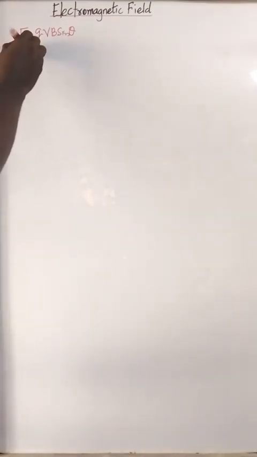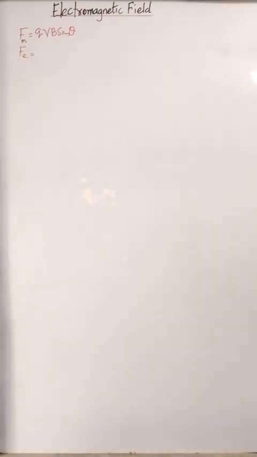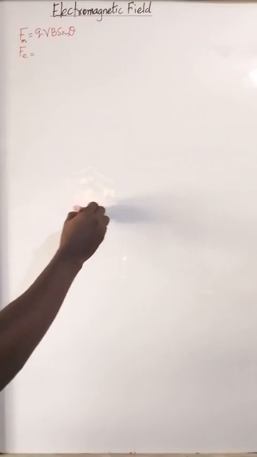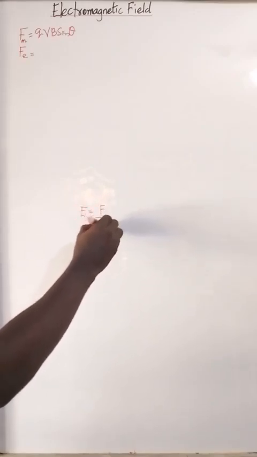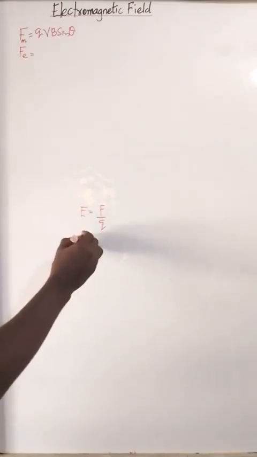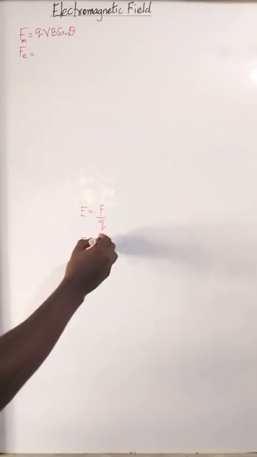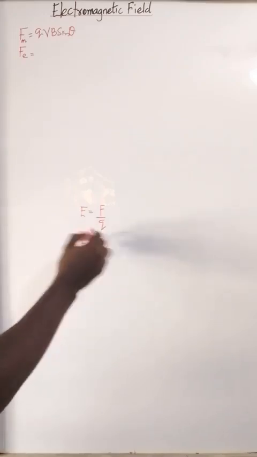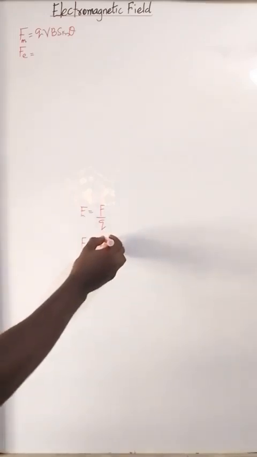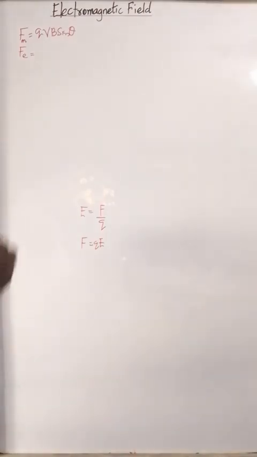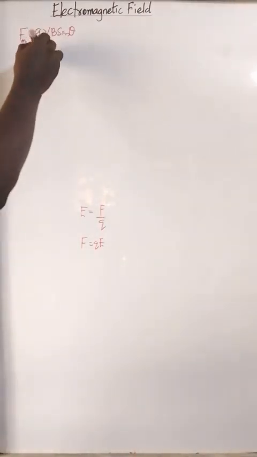Then electric force: during electric field, if you recall, we talked about electric field intensity. And what is electric field intensity? It is a force that acts per unit charge. From here, if we cross multiply, we get electric force to be electric field strength multiplied by what? The charge Q. So you can say electric force is what?